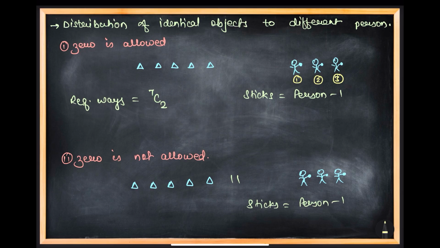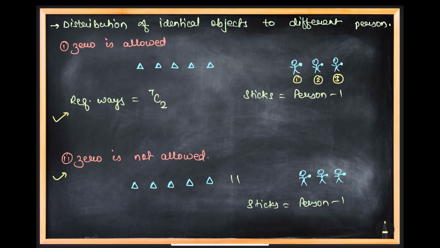So this is the case when 0 is allowed, and I am telling you, you have to hold great command over this, because we will be converting all the questions into a comfortable zone, and then we will be solving things.